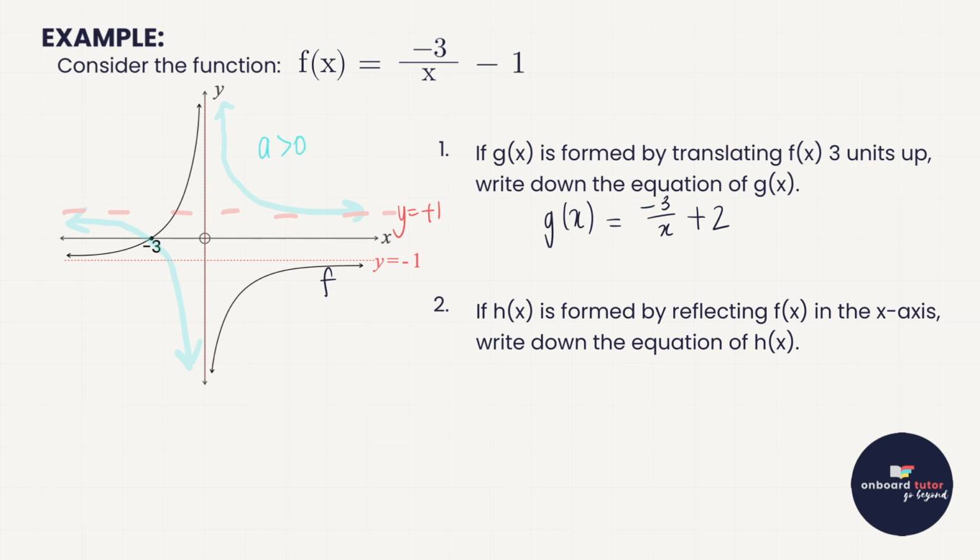Okay, so essentially I can show you algebraically. I think what we've established is that this is going to become plus 3 and this is going to become plus 1. But what we're doing is we're taking our equation and multiplying a minus through. So minus 3 over x minus 1, and then you distribute that, and so it becomes positive 3 over x plus 1.